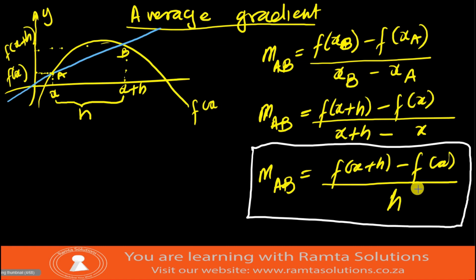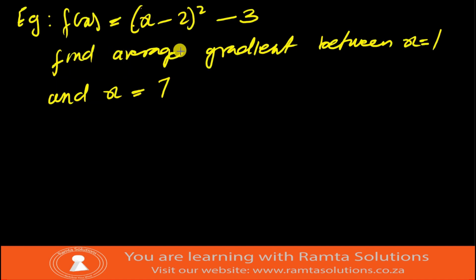So remember this formula. It's the simple thing that you did in grade 10 and 11. As you can see, h is basically the final x value minus the initial x value. I don't have to draw this graph. I can simply say h is 7 minus 1, which is 6.